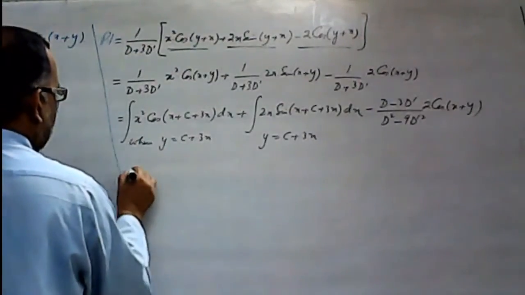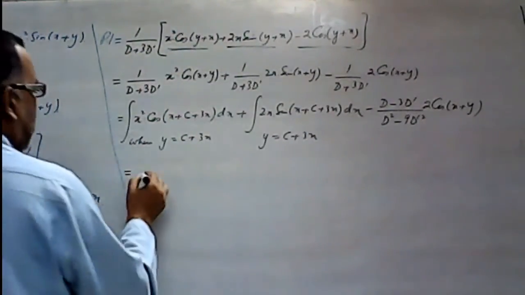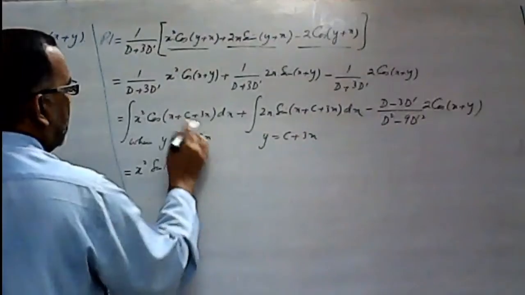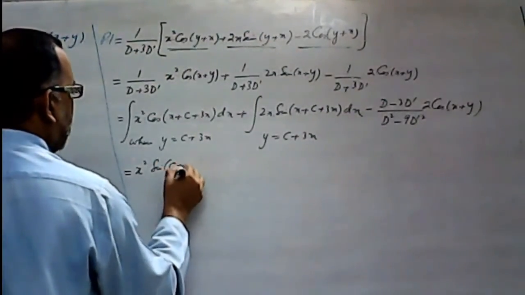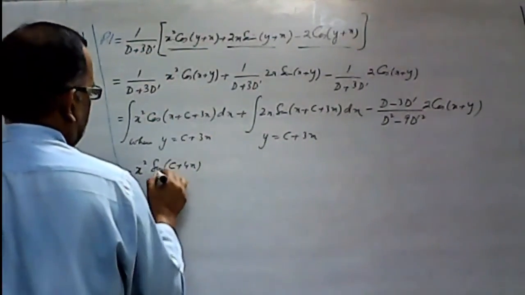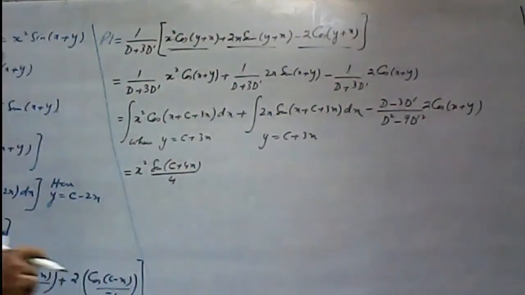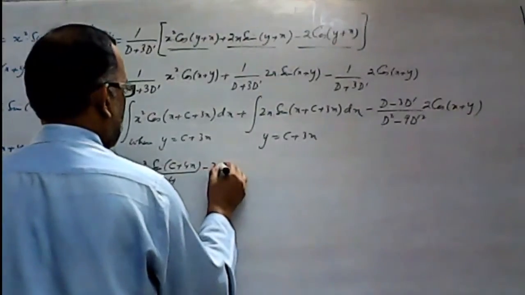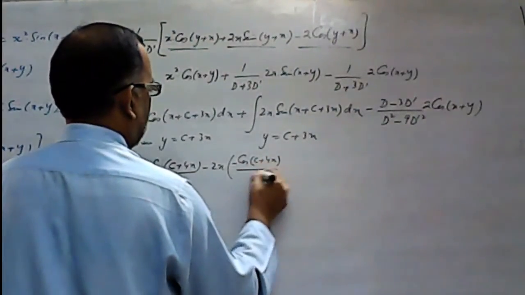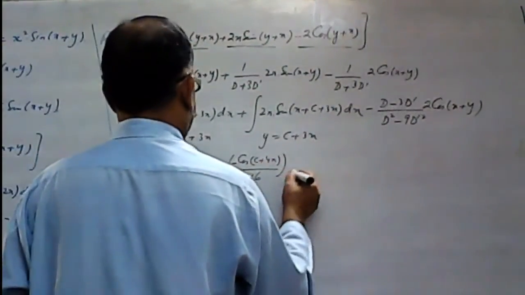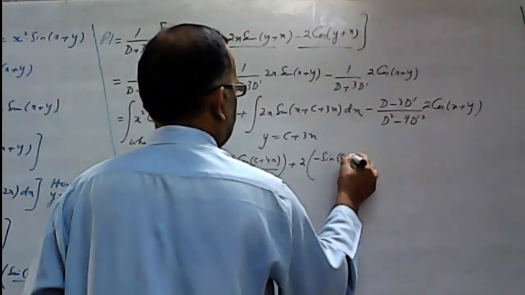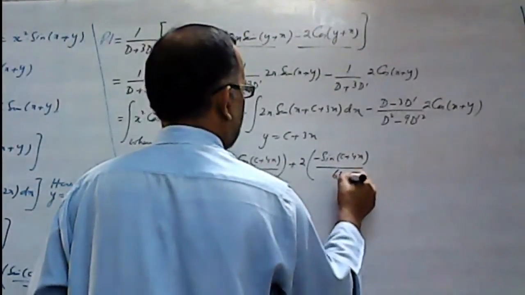So now applying the by parts formula here for this term, x square is sine(c plus 4x), because x plus 3x is 4x, the integral of cos is sine, divided by 4, then minus 2x, and then minus cos(c plus 4x) upon 16, and then plus 2 times minus sine(c plus 4x) upon 64.